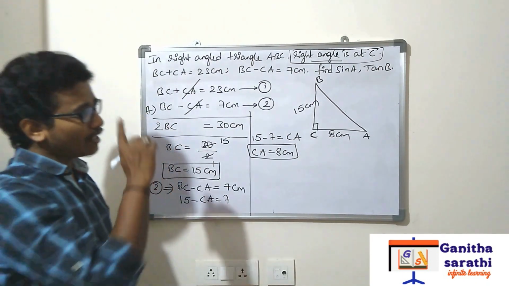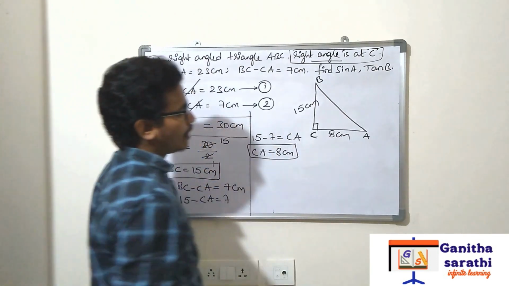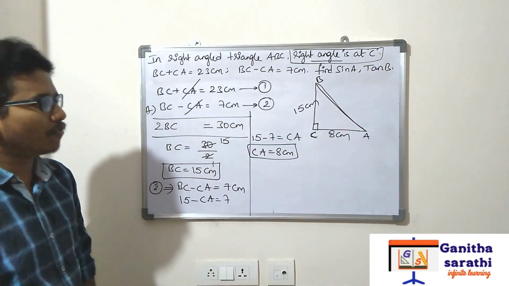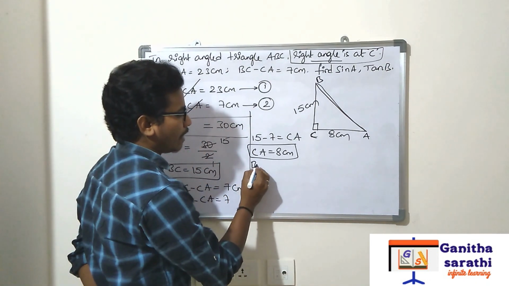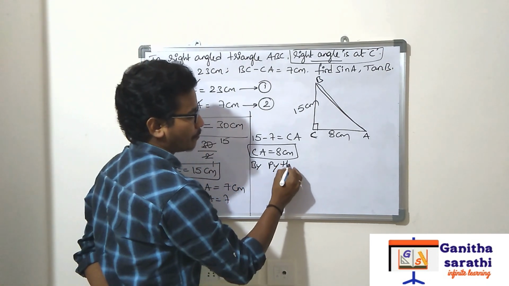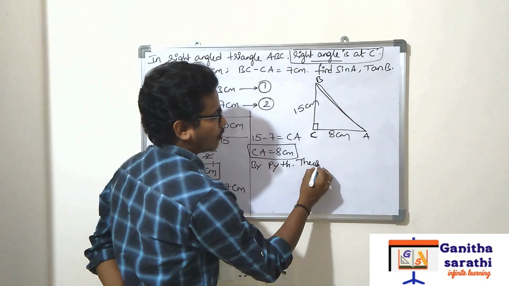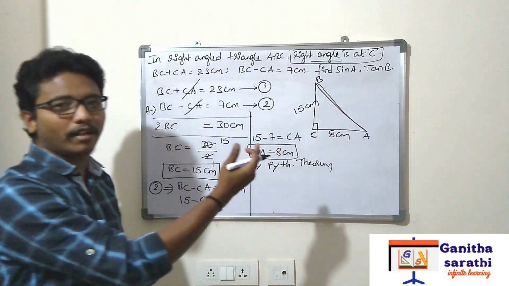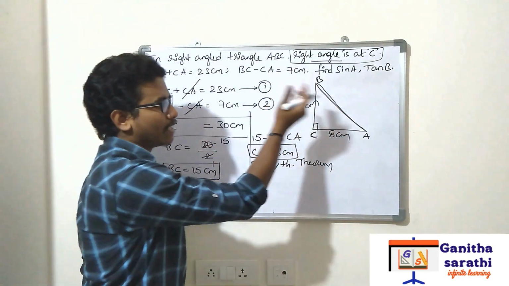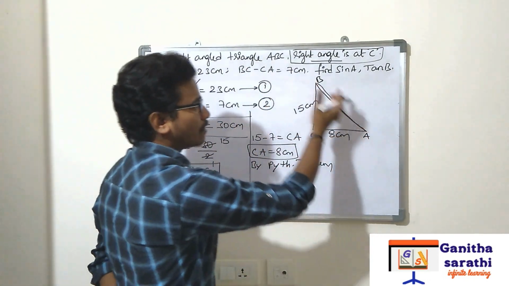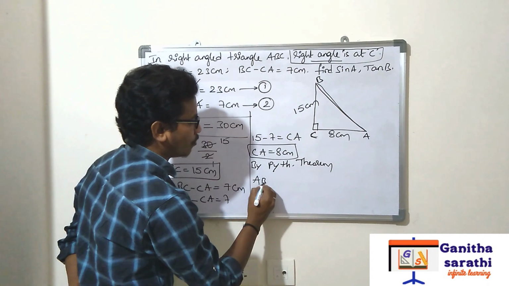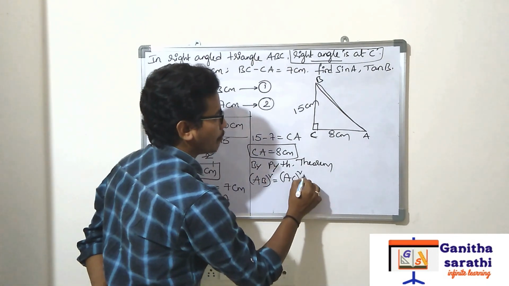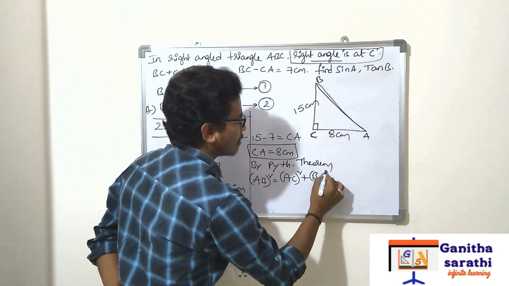Next, what are we asked to find? Sin A and tan B. For finding that, we want the hypotenuse also. So by using Pythagoras theorem, what is Pythagoras theorem? Hypotenuse square is equal to side square plus side square. What is the hypotenuse here? AB. So AB square is equal to AC square plus BC square.